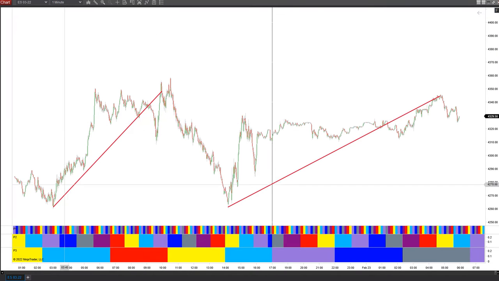Well, if you notice where the overnight session low came in was in the lighter purple P2 and the red P1. If you look for the next occurrence of that, it happened right here where you have the purple P2 and the red P1. So I drew the red trend line between those points.